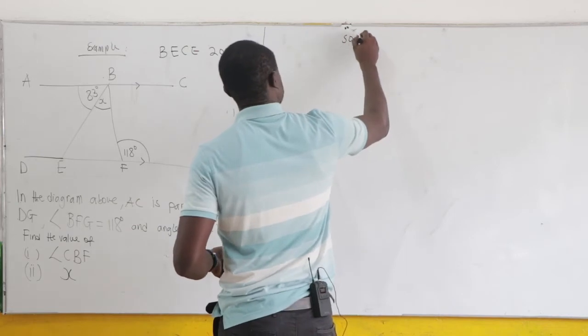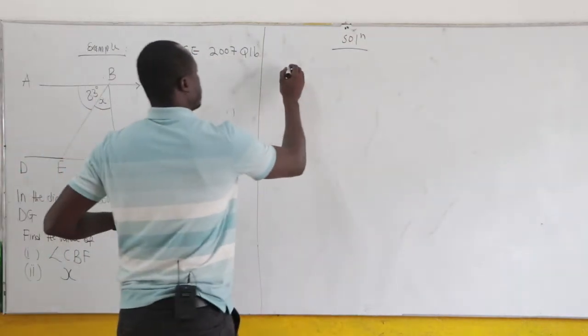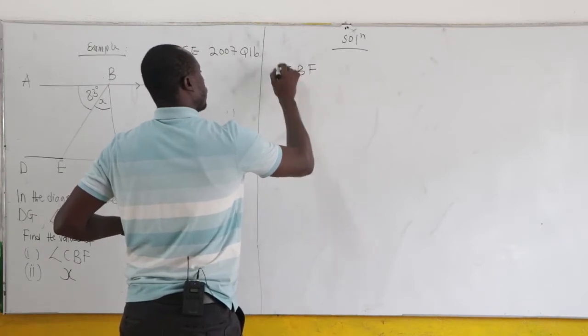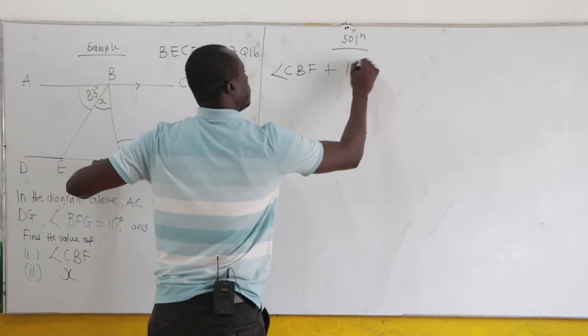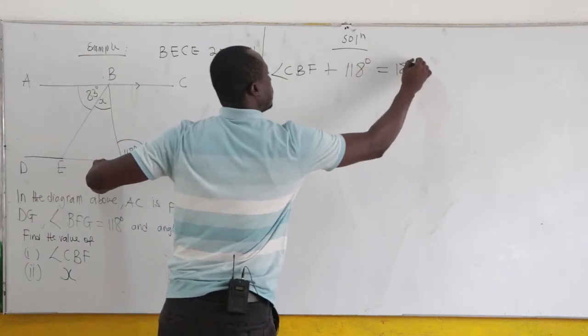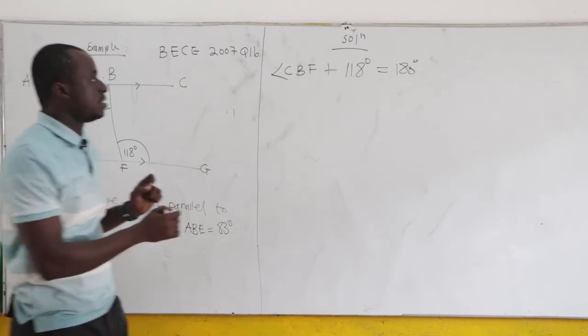So the angle here plus the angle equal to 180. So you say that CBF plus the angle here. What is the angle here? 118 degrees equal to 180 degrees. What's the reason? Co-interior angles add up to 180.